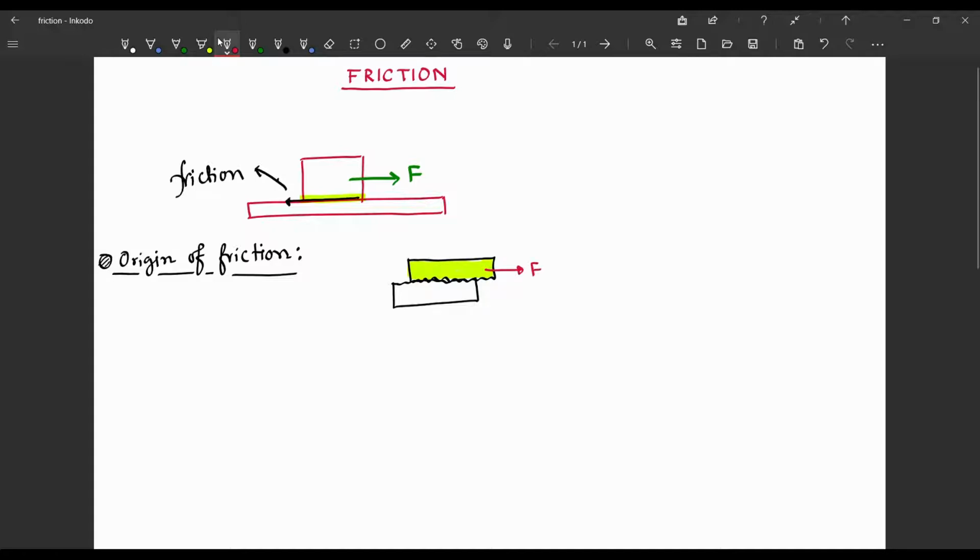Due to the interlocking, in the opposite direction there is a resistive opposing force acting between these two surfaces. This resistive force is known as friction.